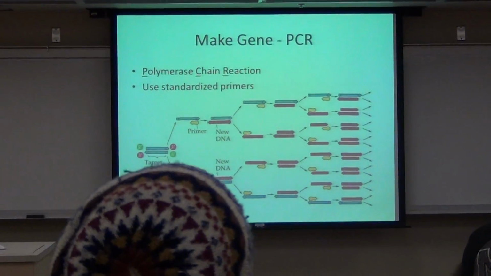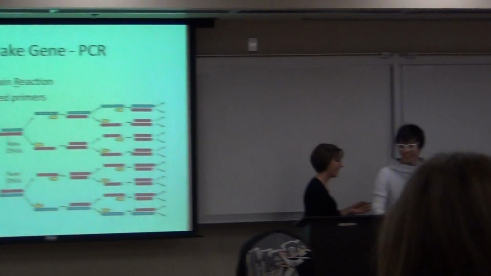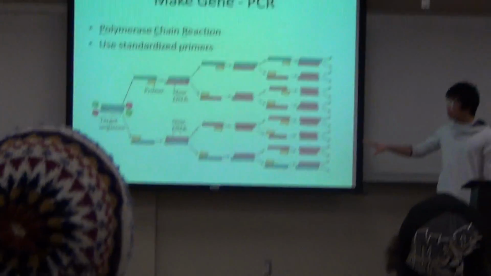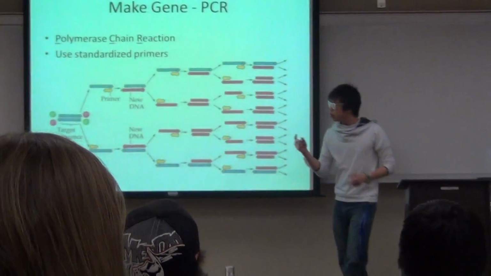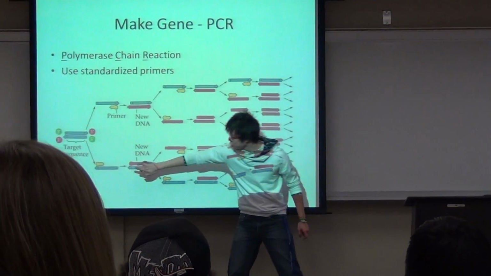Okay, so Jenna mentioned PCR, and that is a polymerase chain reaction. So this kind of looks a little overwhelming, but essentially what's happening is you start out with your DNA, which is double-stranded, and if you heat that up, the two strands will actually come apart, okay? And so that's what's shown here.